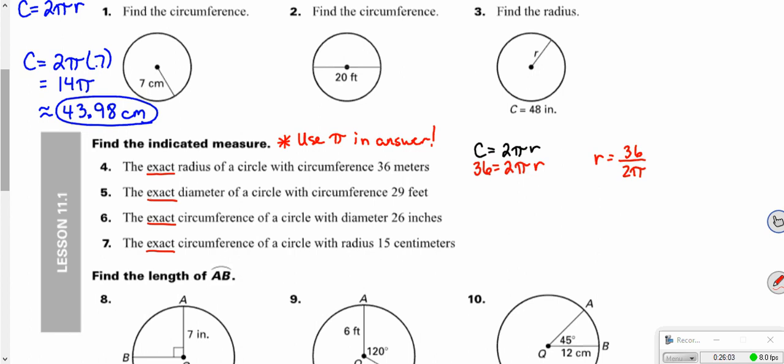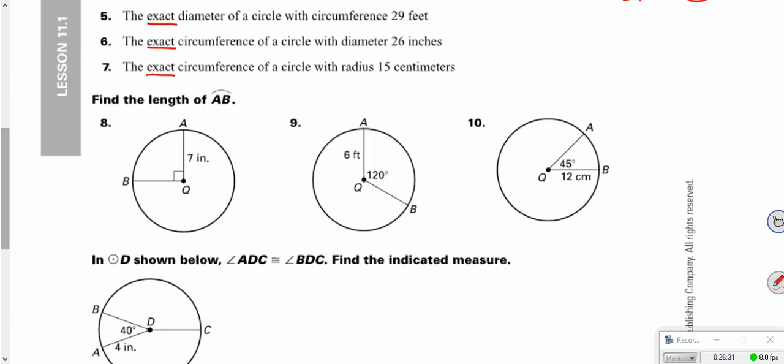Well, 36 divided by 2 is 18, and then you've still got the pi on the bottom. That would be your radius as an exact answer. Oh, and I need to label it. That is meters. 18 over pi meters. Hope that's helpful. So again, be on the lookout. If they say exact, they want you to use pi in the answer.